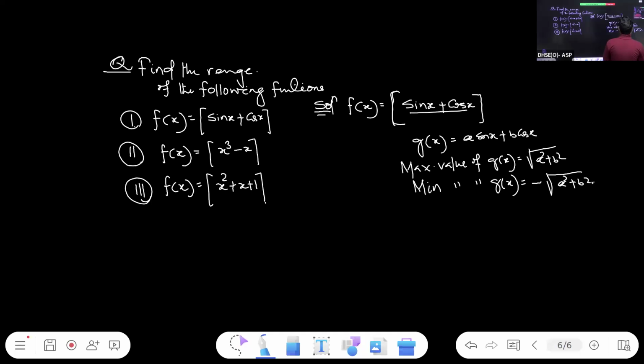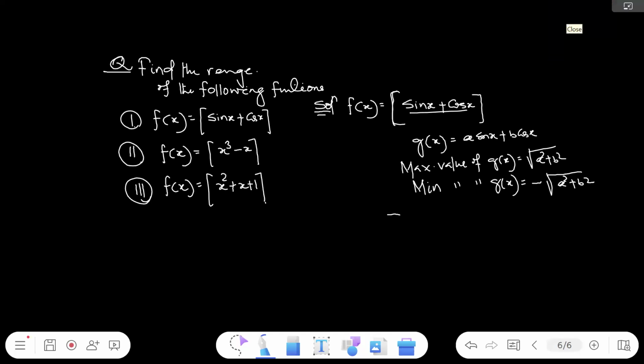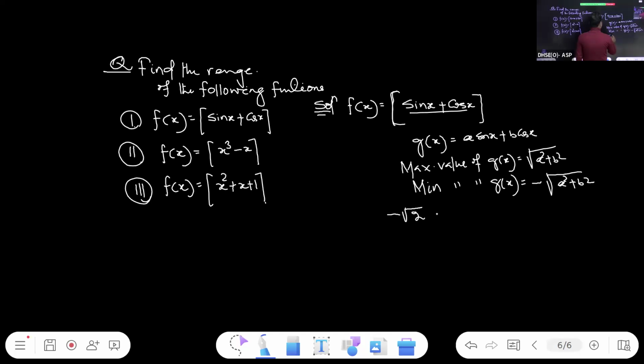Minimum value of g of x is equal to minus under root a square plus b square. So here a is equal to 1 and b is equal to 1. So sin x plus cos x lies in the interval minus root 2 to plus root 2.